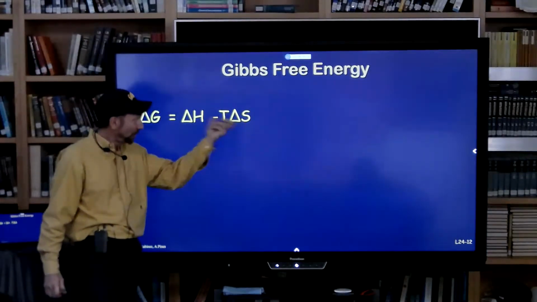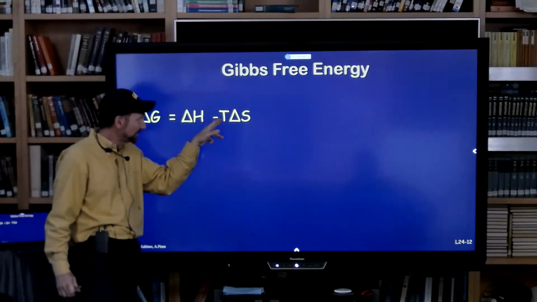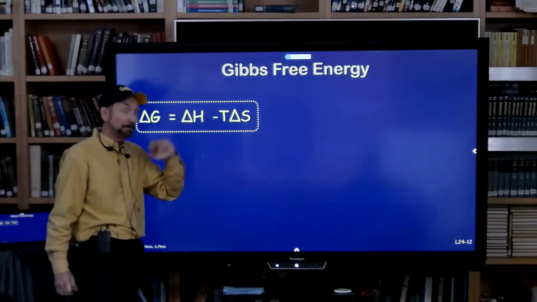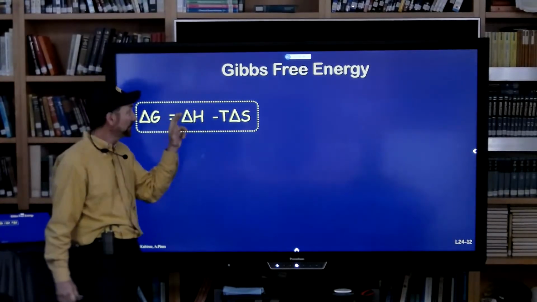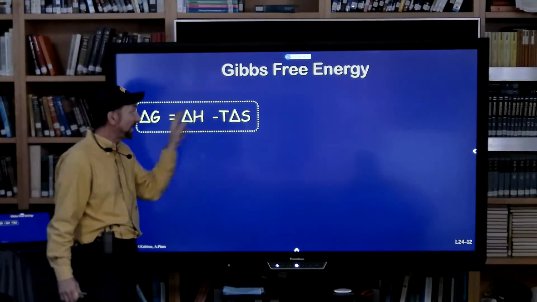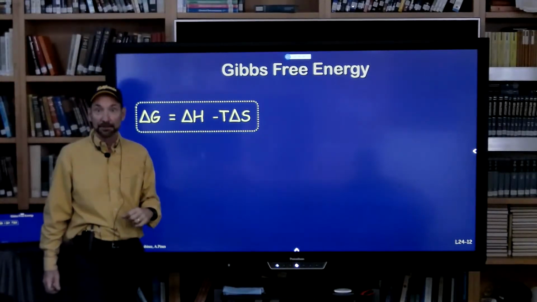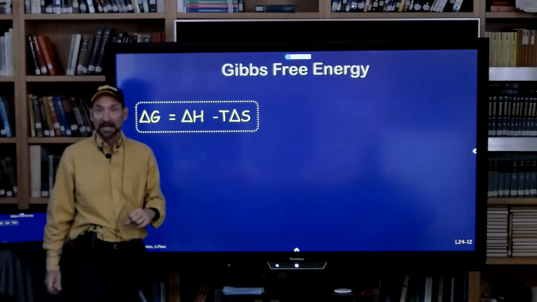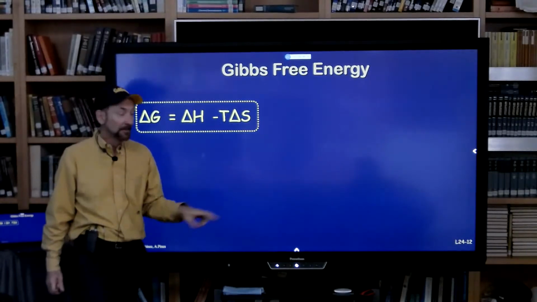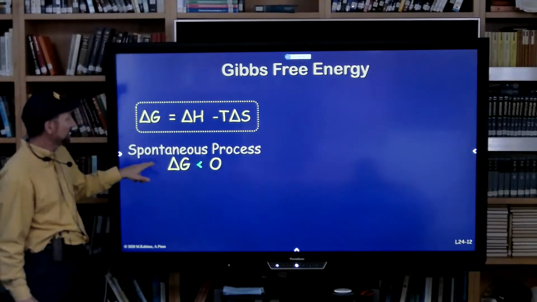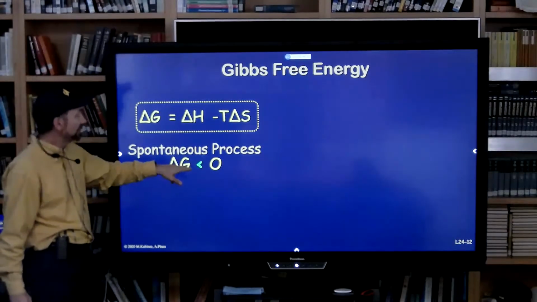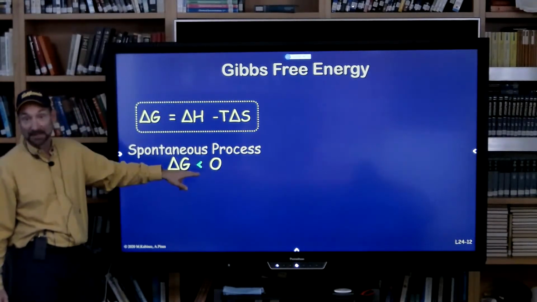So this is a small factor, but it adds a temperature variance to the system, and the balance between those two things determines whether the reaction is spontaneous. In order for a reaction to be spontaneous, we said that the free energy change must be negative, less than 0.